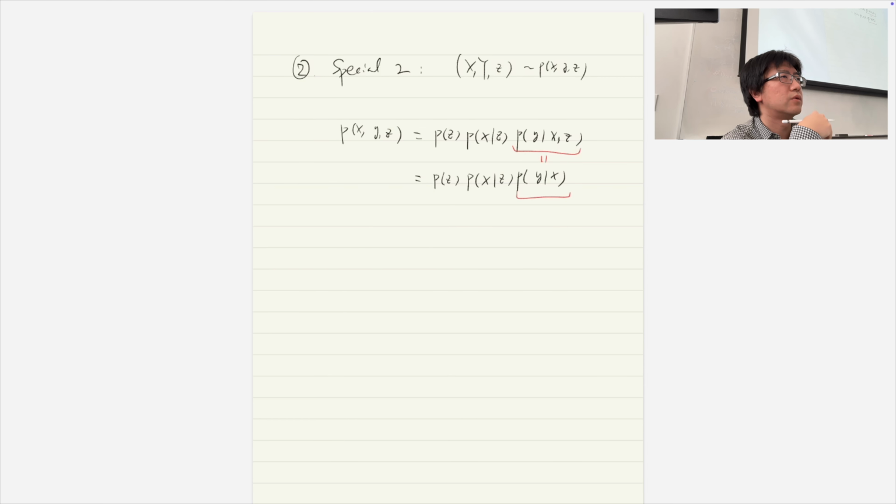Who has learned or heard of Markov chains before? If you have never heard of it, let me introduce it. If this kind of condition holds, it means that x, y, and z form a Markov chain. We write it like this.